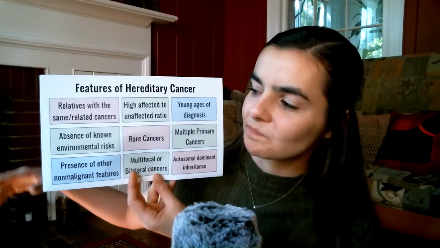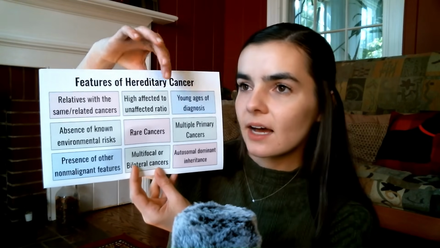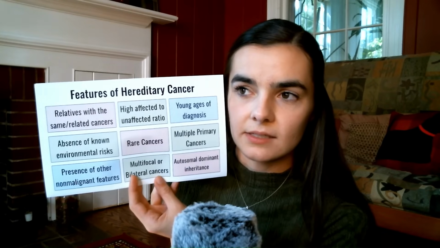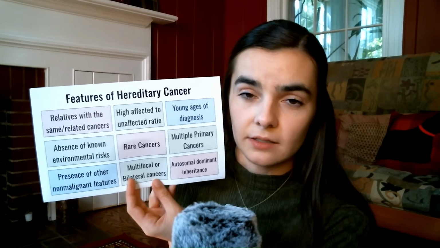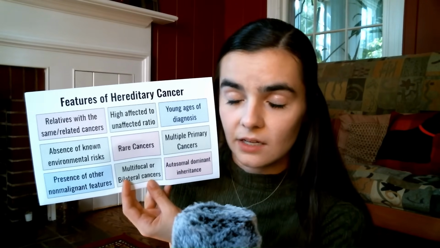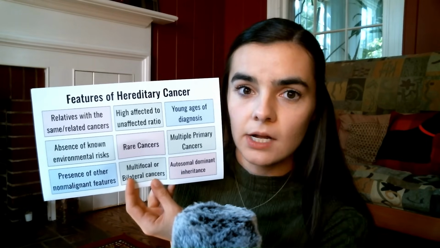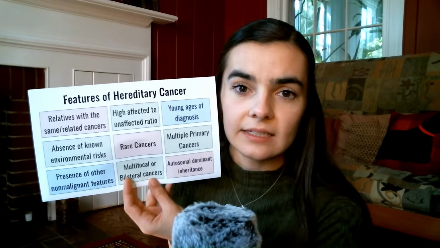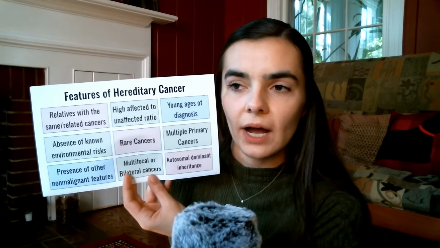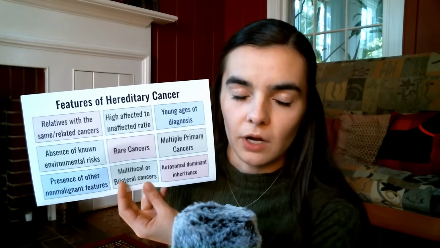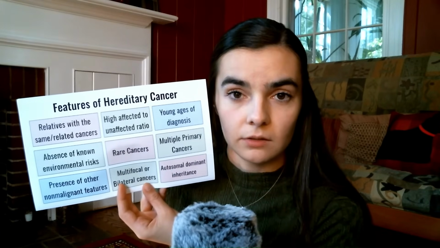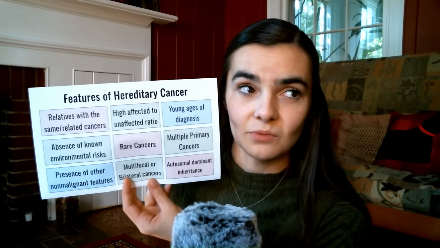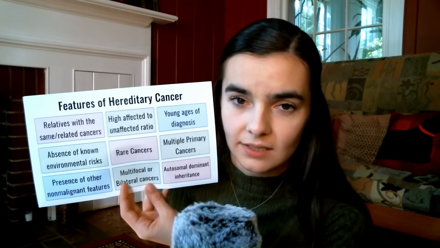So we're looking for similar cancers in people that actually share genetic material to see if that might be hereditary. The next thing is a high affected to unaffected ratio. What that means is a greater percentage than what we would expect if it was just sporadic cancer. More people in a family affected than what we would expect. An example of this is if you have 2 sisters and both of them got breast cancer, that's pretty concerning. 100% of your sisters got breast cancer, which is a lot greater than that 1 in 8 that would be expected.